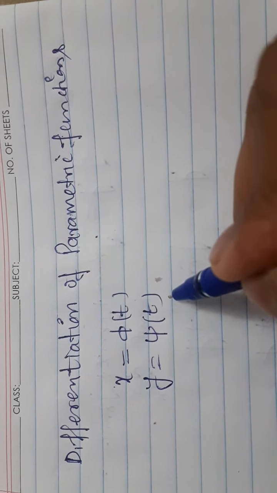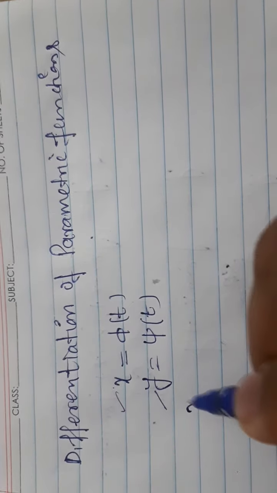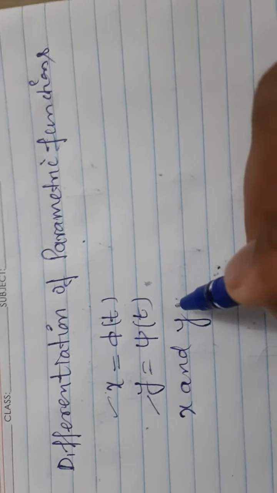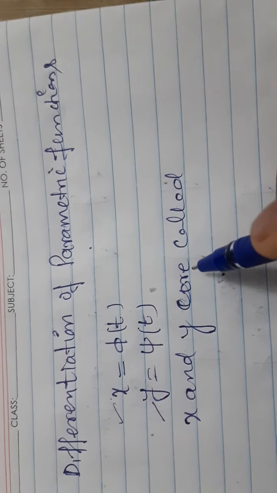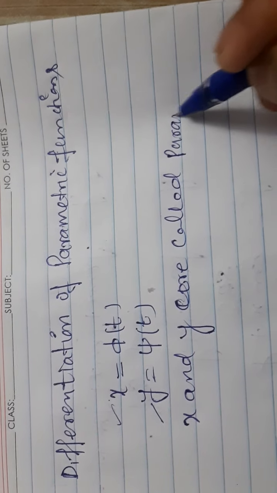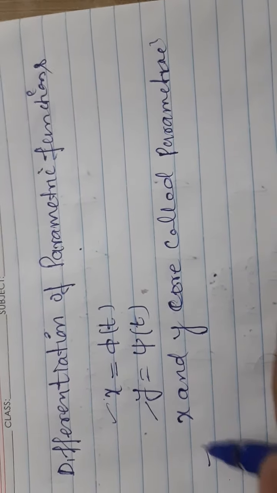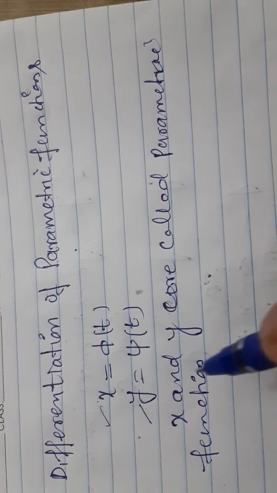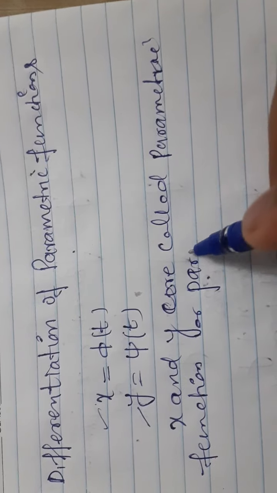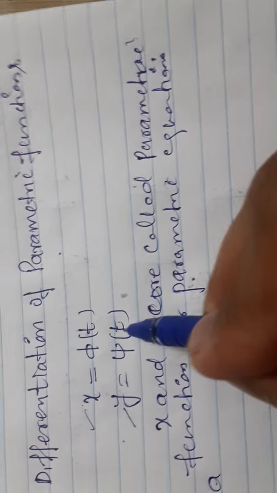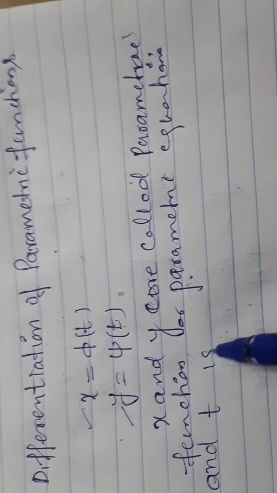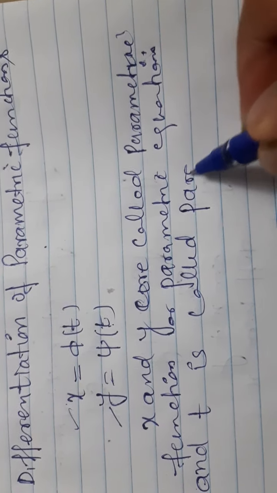In such cases x and y are called parametric functions or parametric equations, and t is called the parameter.